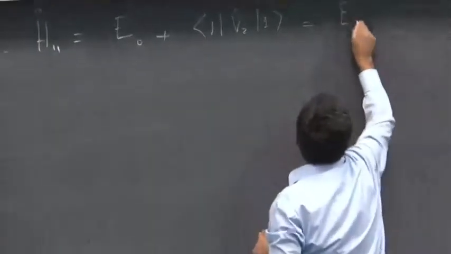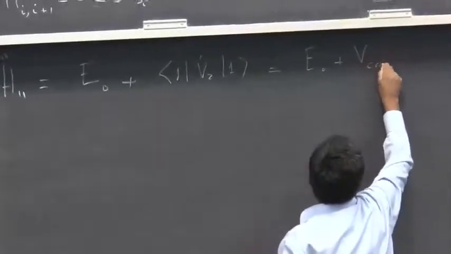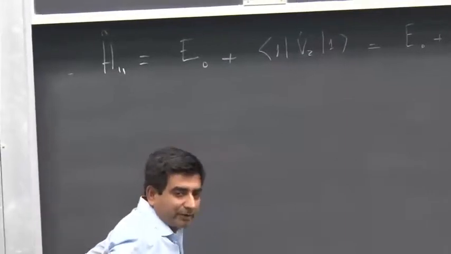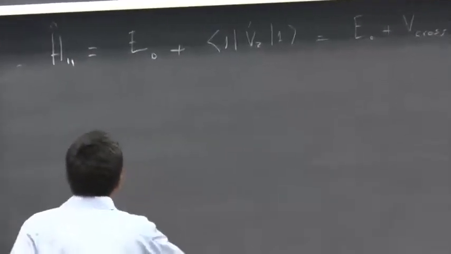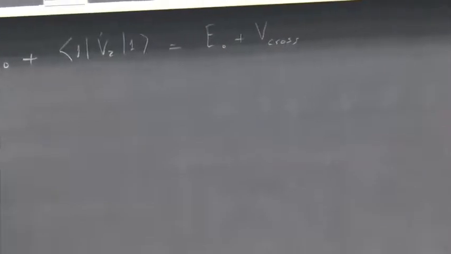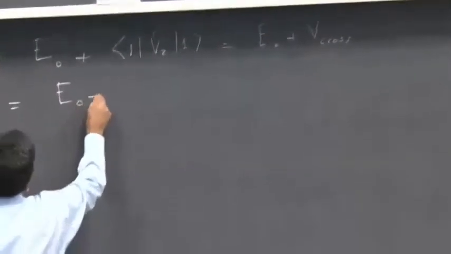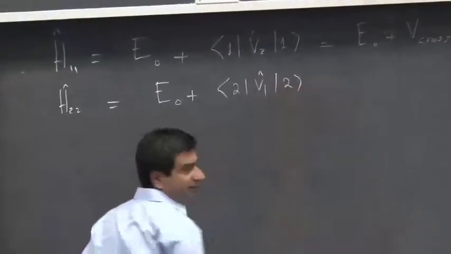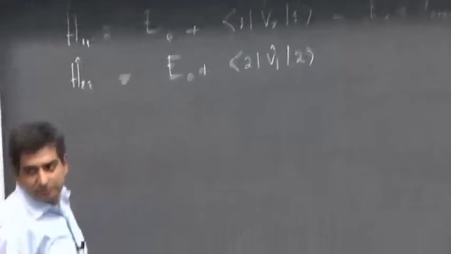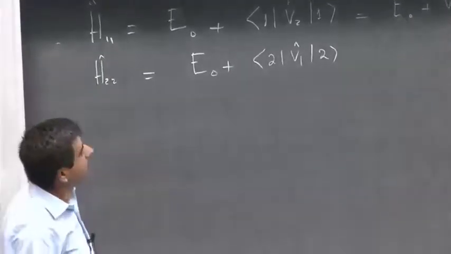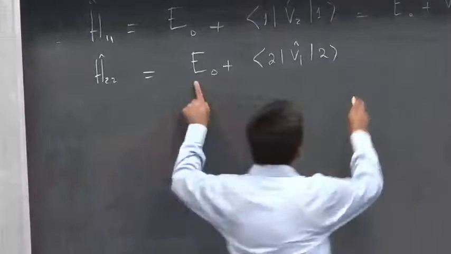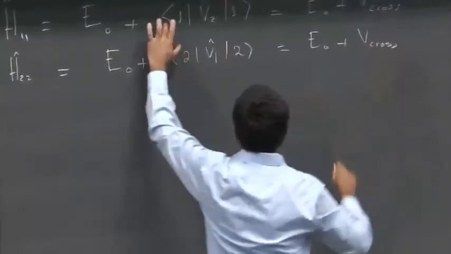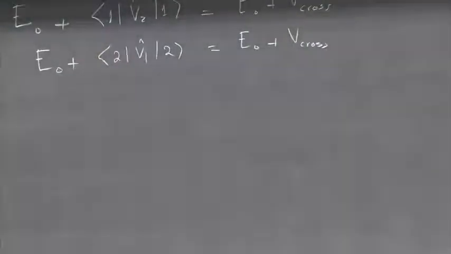This is E naught plus V cross, a cross coupling term. Likewise, H22 is going to be equal to E naught plus V cross. Now this is E naught. This term has to be the same as this term because of symmetry consideration.